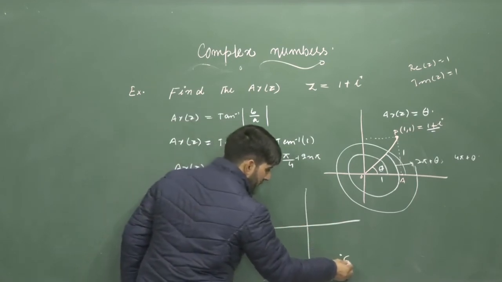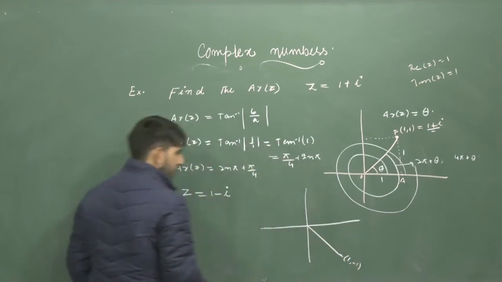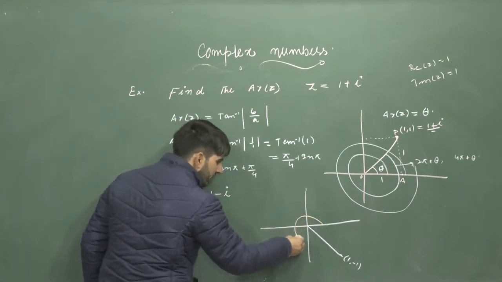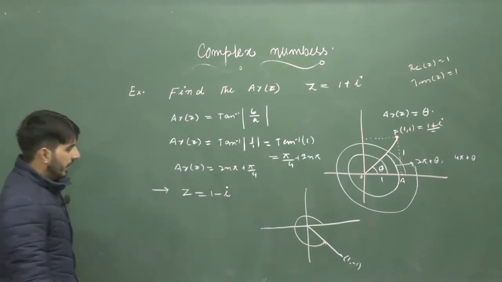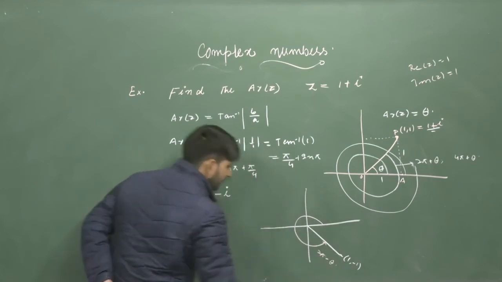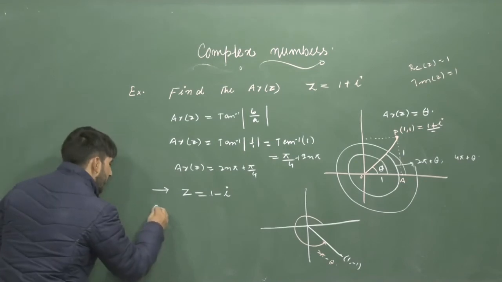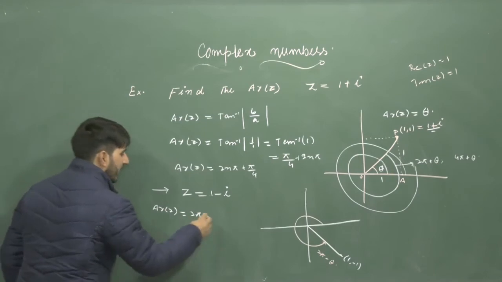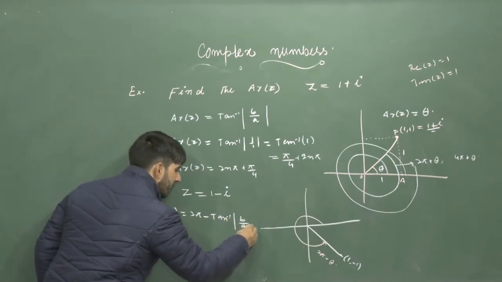So, this is the point 1, minus 1. This is the argument of this complex number, and this is 2 pi minus theta. So, here the argument of z is 2 pi minus theta, where theta is tan inverse of modulus of b upon a.